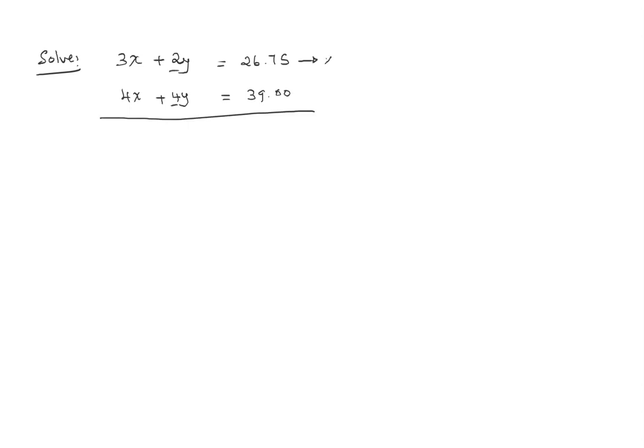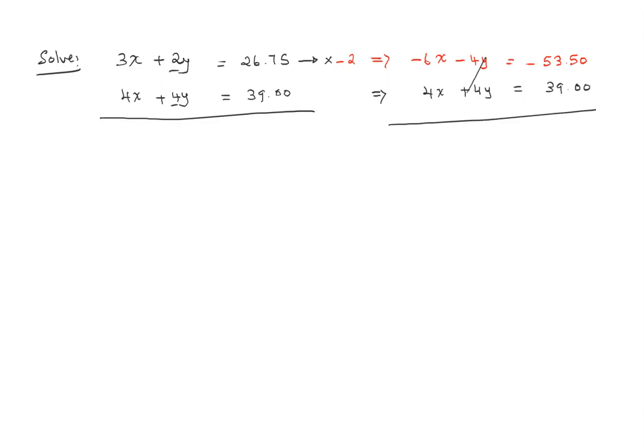So I'm going to multiply this by -2. So this gives us -6x minus 4y equals -53.50. And then write the second equation as it is, which is 4x plus 4y equals 39.